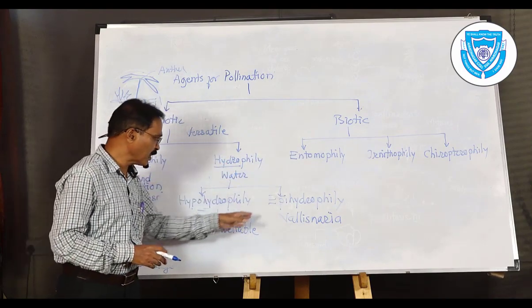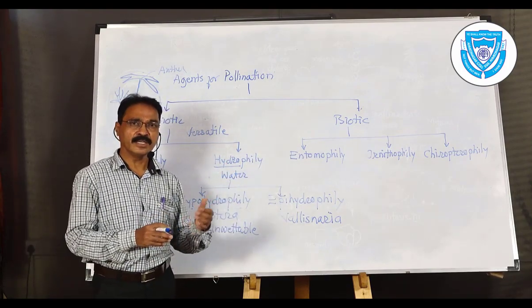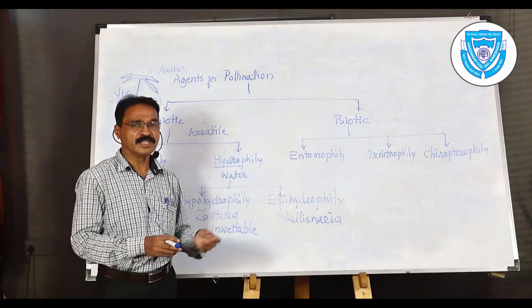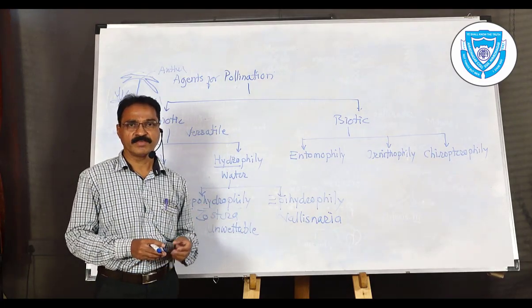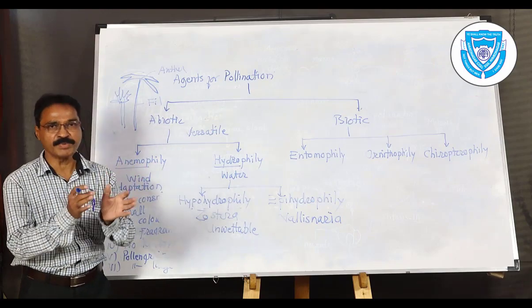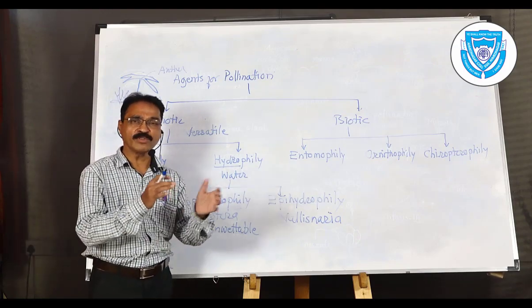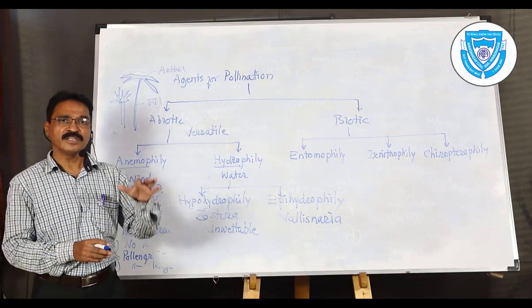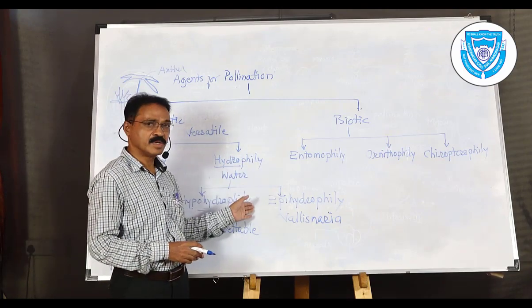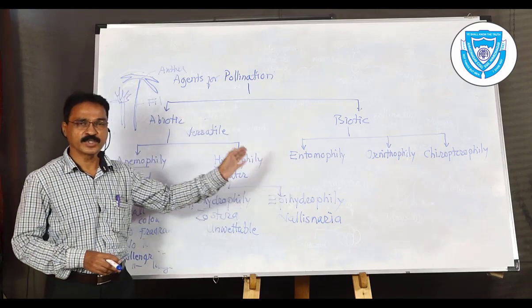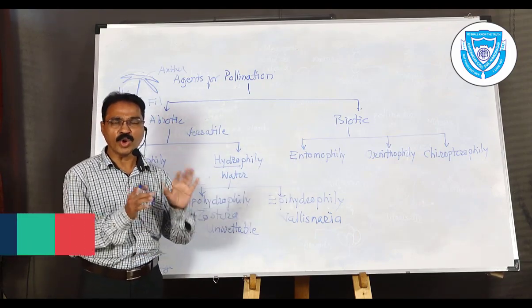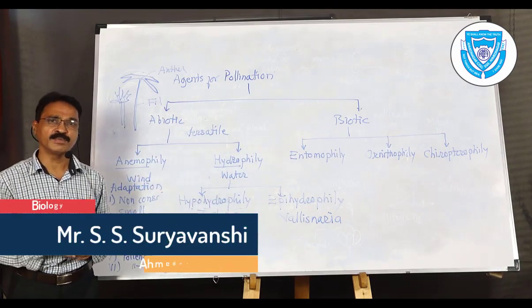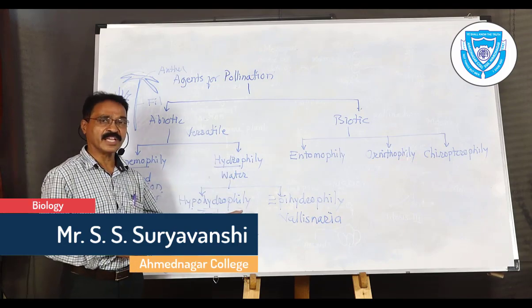For example, aquatic plants like Nilambo and Nymphaea are very attractive, with big, conspicuous flowers. They may have nectar and fragrance, all the things are present, and hence they are not pollinated by the water but by insects. So all aquatic plants do not require water as the agent for pollination, but there are some exceptions.